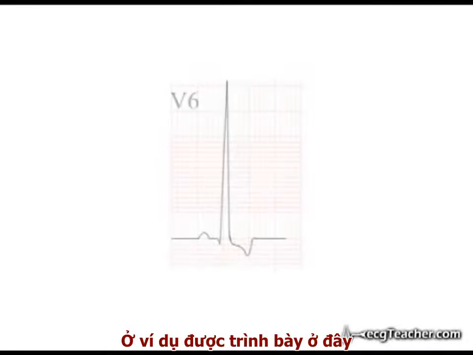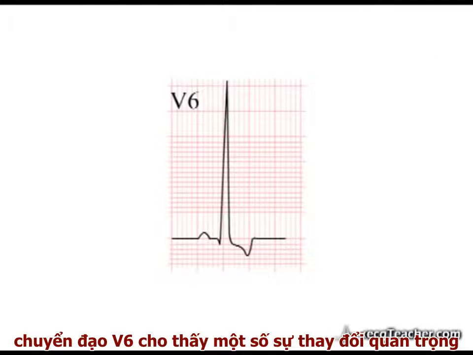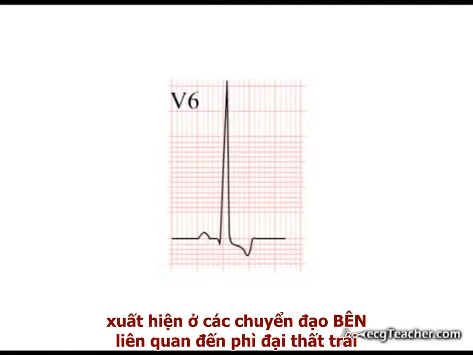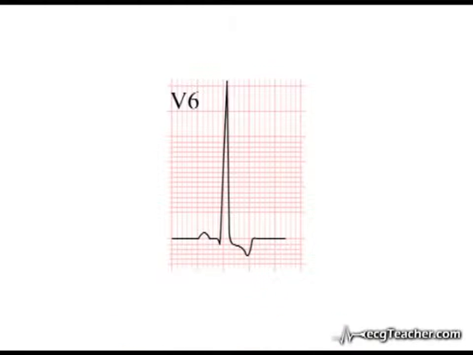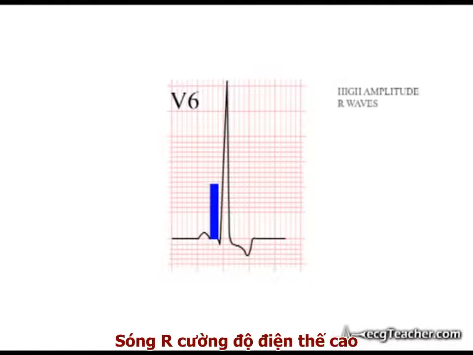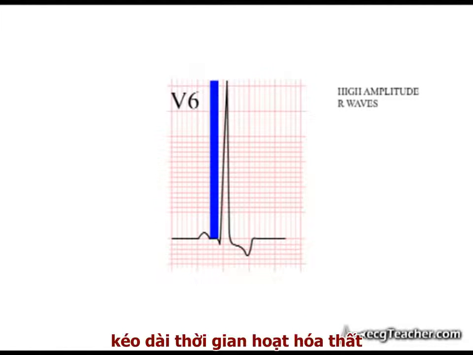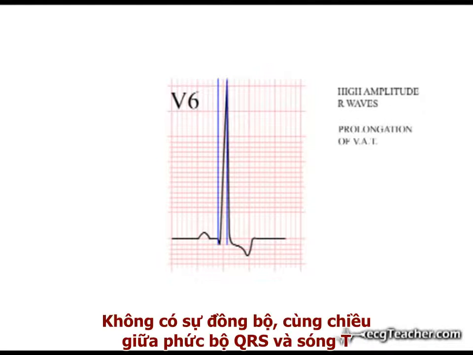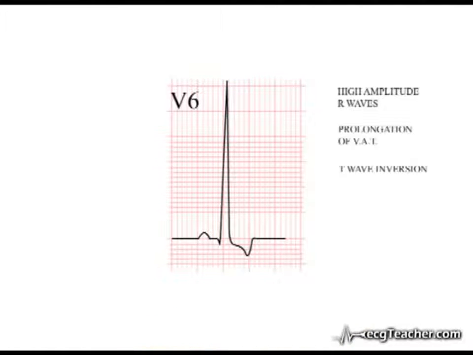In the example shown here, lead V6 demonstrates several important ECG changes seen in the lateral leads in association with hypertrophy. High amplitude R waves, prolongation of the ventricular activation time, loss of concordance between the QRS complexes and the T waves, and ST segment changes.